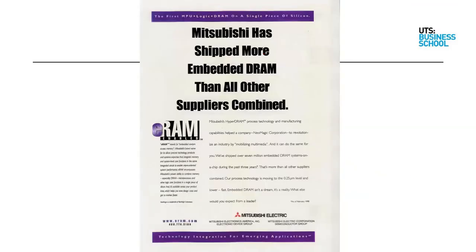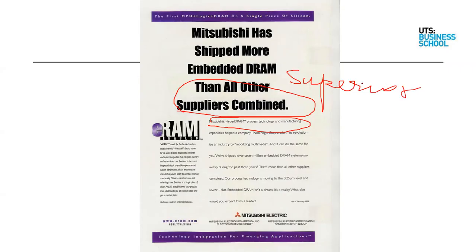And Mitsubishi indicates its differentiation for its products by talking about the Hyper DRAM process technology, which is a unique technology which has helped Mitsubishi to ship more embedded DRAM than all the other suppliers combined. So this is indicating the superiority of their service compared to other competitors because of a specialized technology that they are using.